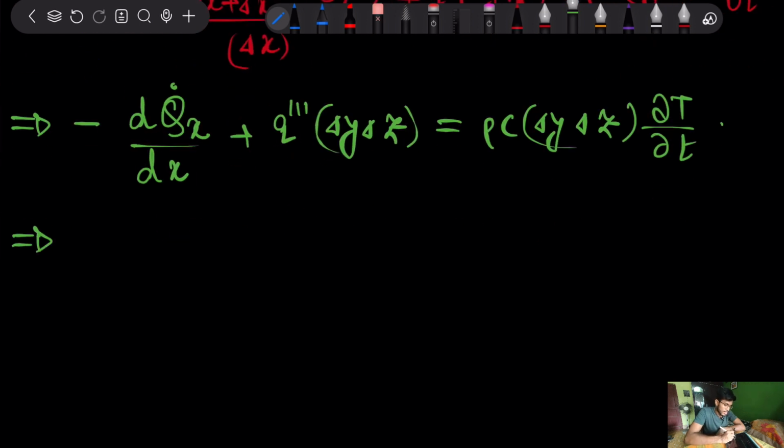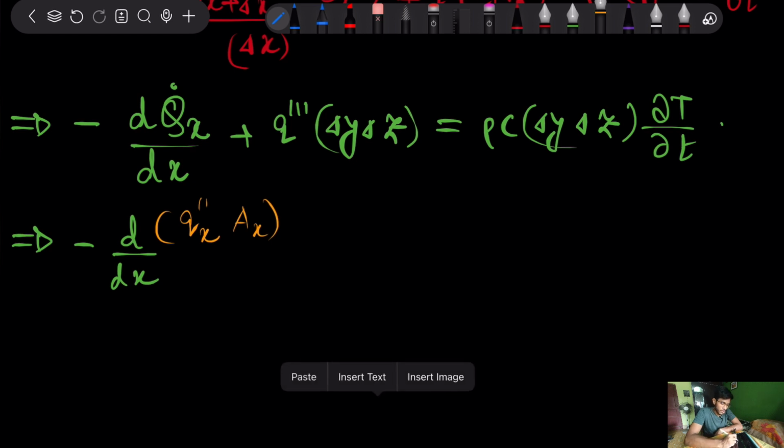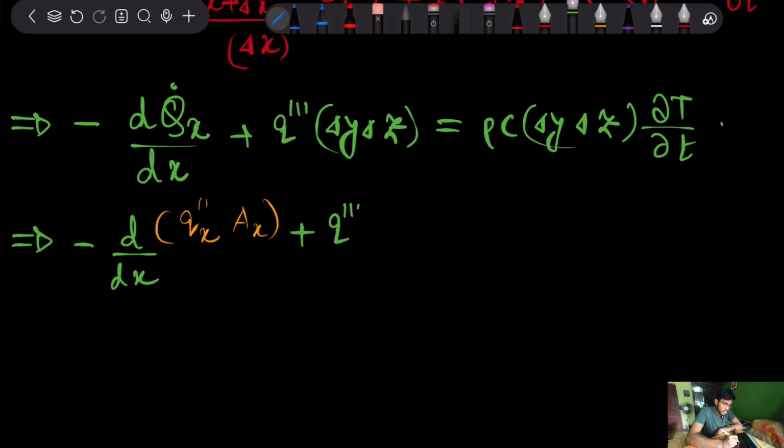Now, I can write this qx as qx double prime, that is the component of the heat flux vector in the x direction, into the cross sectional area normal to the heat flow in the x direction, plus q triple prime.